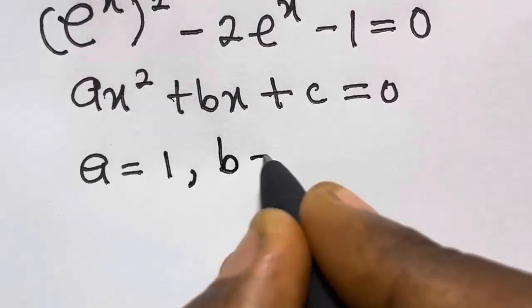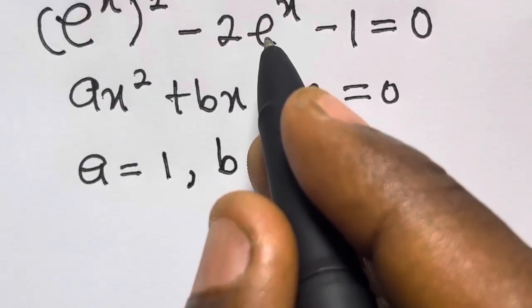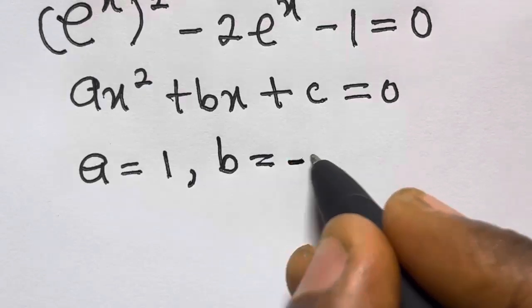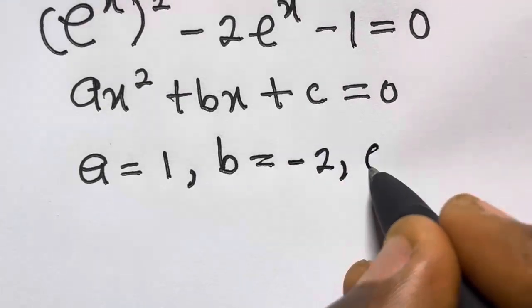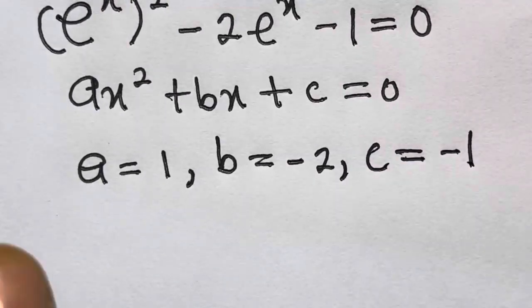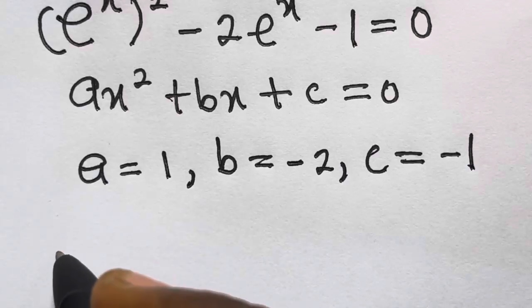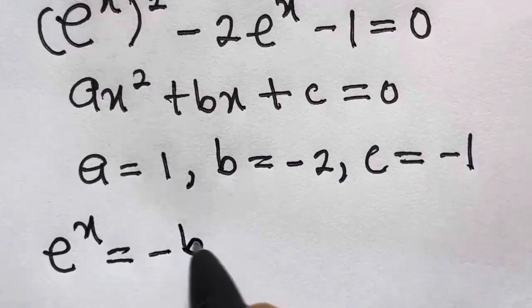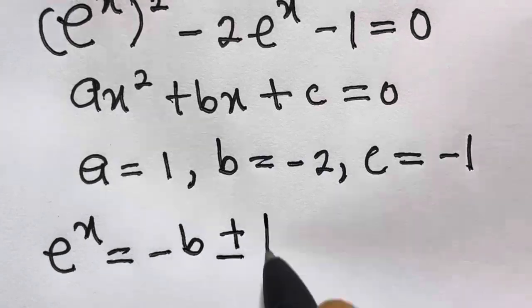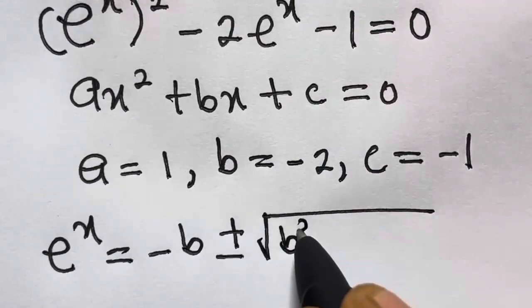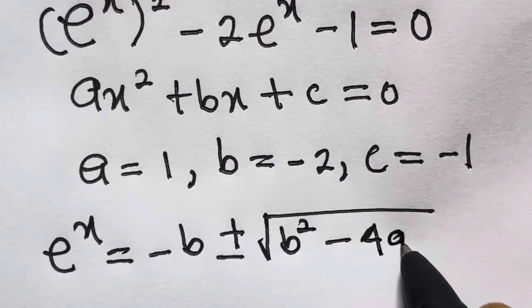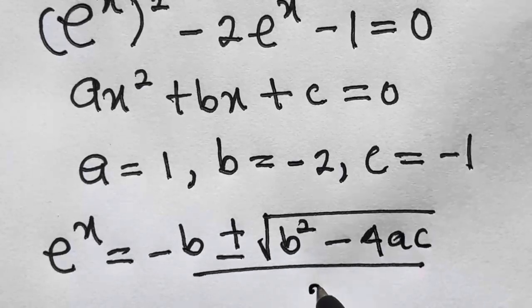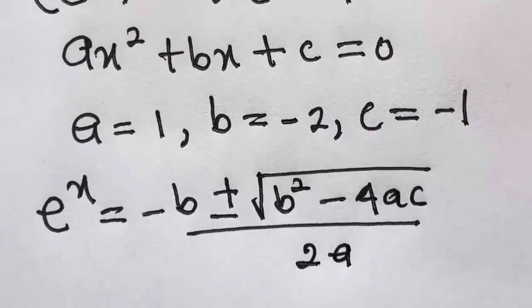Our b, the coefficient of x, which is e^x, is minus 2, and c, our constant, is minus 1. So using the quadratic formula, we have e^x equals minus b plus or minus square root of b squared minus 4ac, divided by 2a.